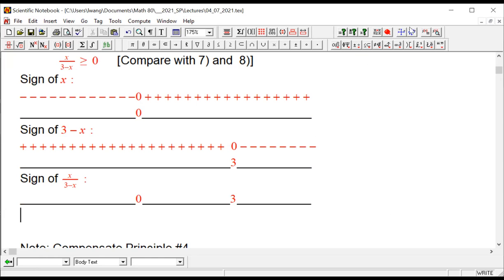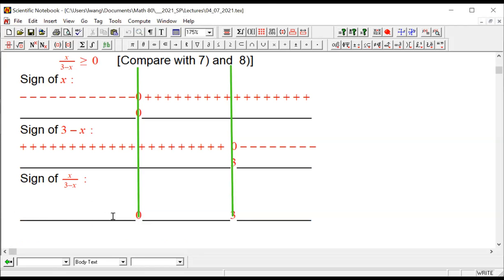So let's look at the sign changes. We really just go point by point, every number examined, and we use principle number 6. So now let's see what we get.